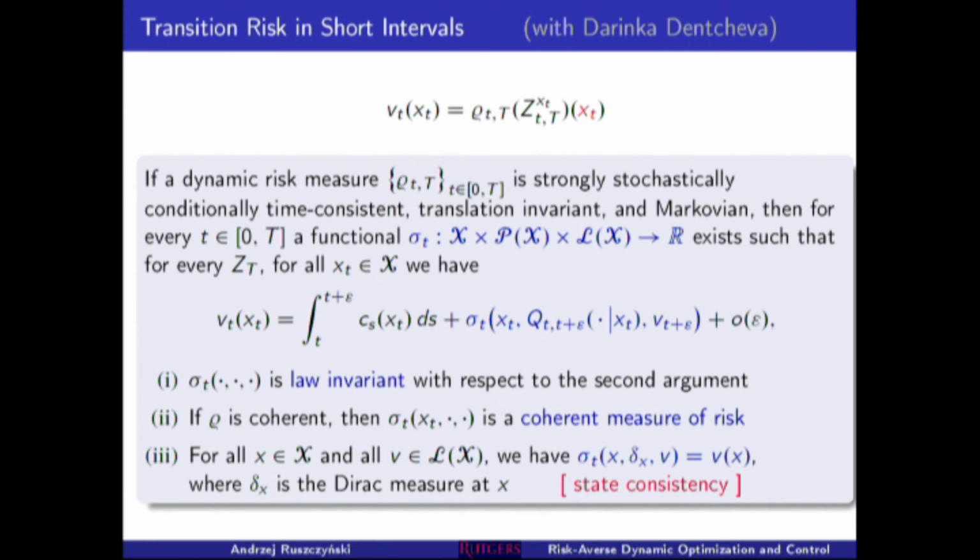Now, here comes Darinka, who will tell you much more on Thursday about this, because I'm very short on time here. But we can use a dual representation. If we assume coherence of this transition risk mapping, we can use dual representation.